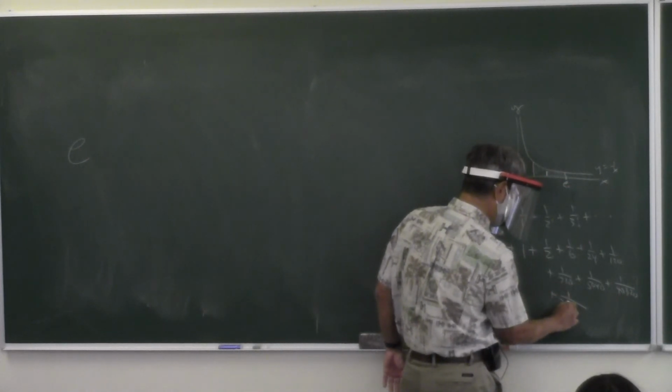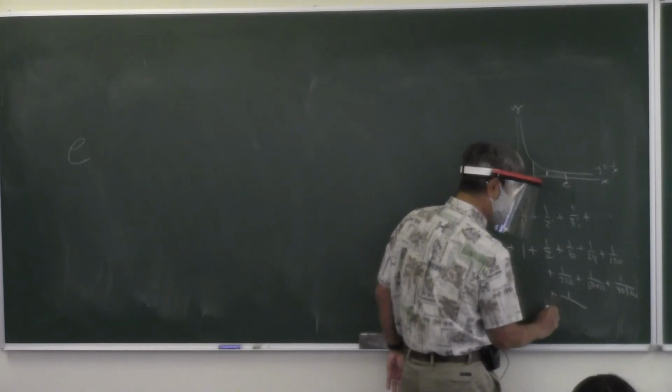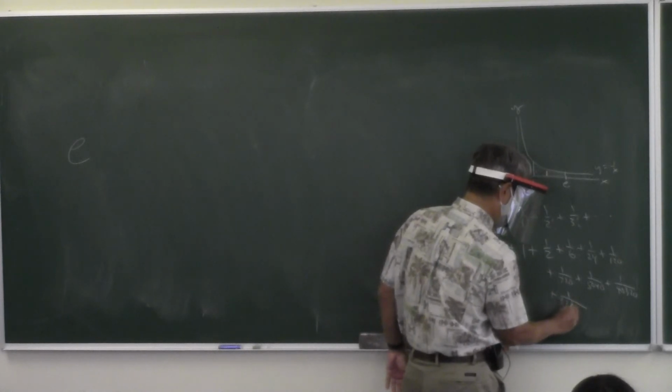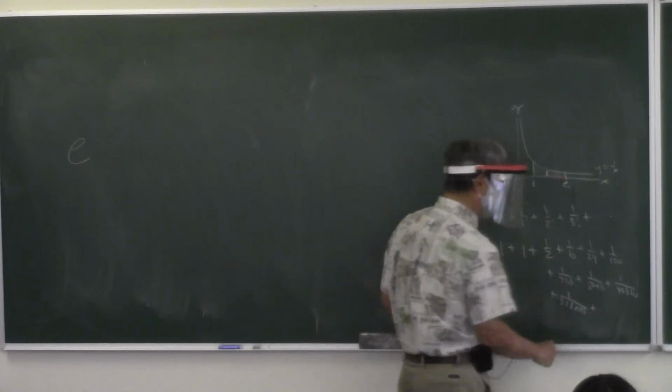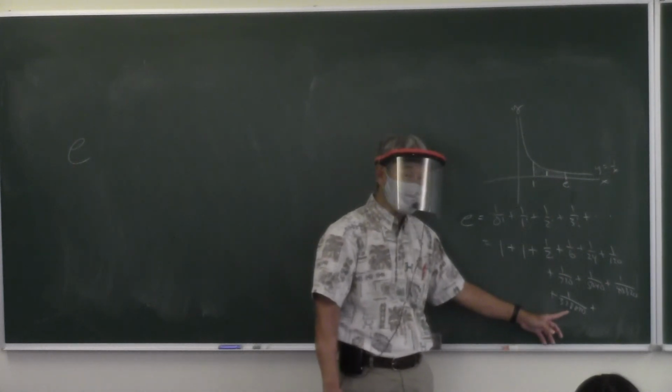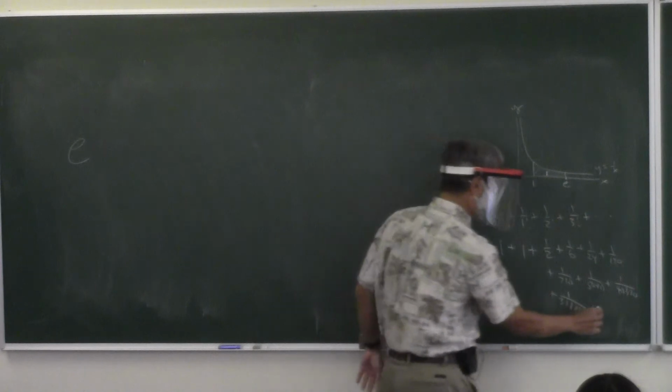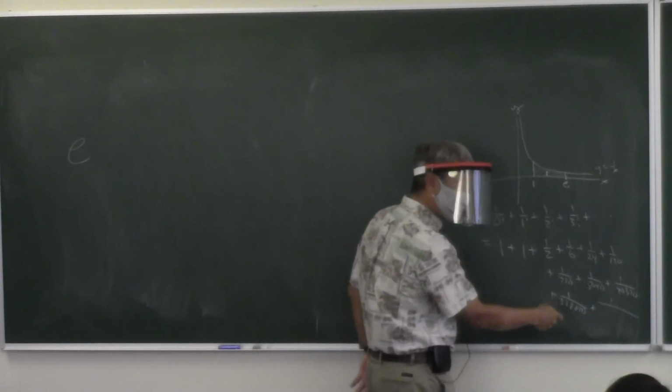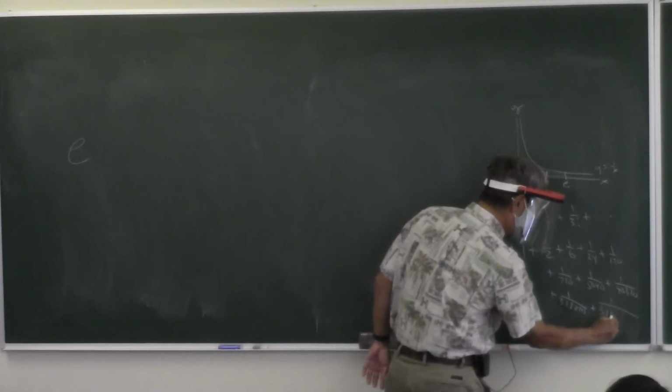Anybody? Okay, here's the easy one. What is 10 factorial then? If this is 9 factorial, what would 10 factorial be? You multiply it by 10, tack on another 0.